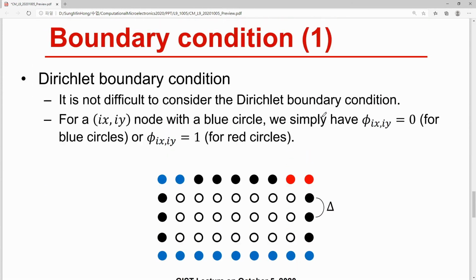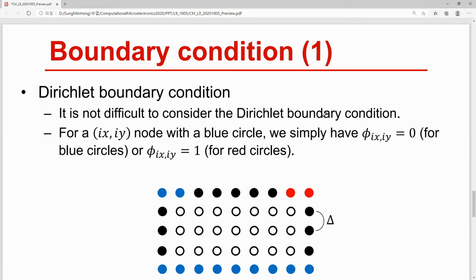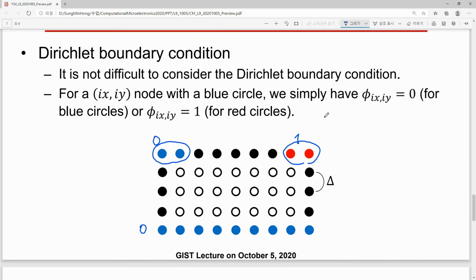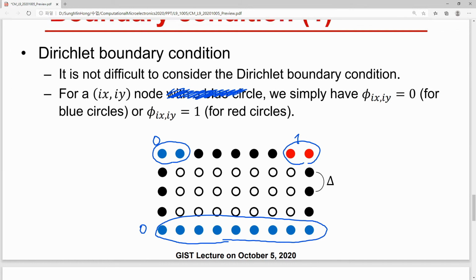For the Dirichlet boundary condition, whether the value is 0 or 1 doesn't make a big problem for our consideration. So it's not difficult to consider the Dirichlet boundary condition. How can you do that? For all ix, iy, so this is a typo, we simply have phi assigned to 0 or phi assigned to 1. That's it.